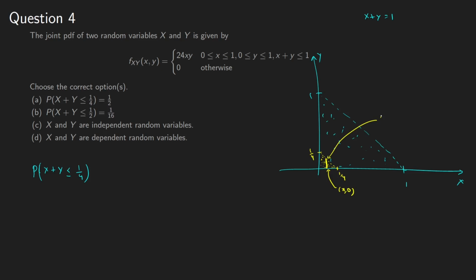It will also have x coordinate x, but y, if we write it in terms of x, will be 1 by 4 minus x. So first we integrate along this strip, y equals 0 to y equals 1 by 4 minus x, and then finally x will go from x equals 0 to x equals 1 by 4.